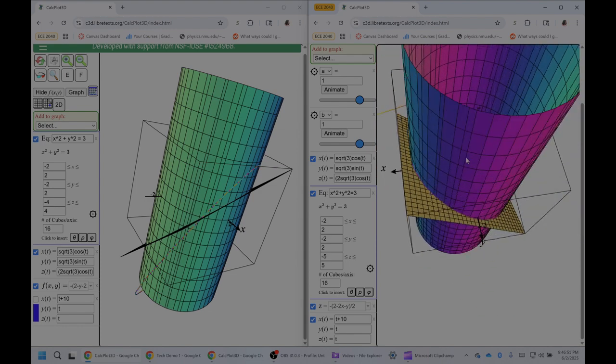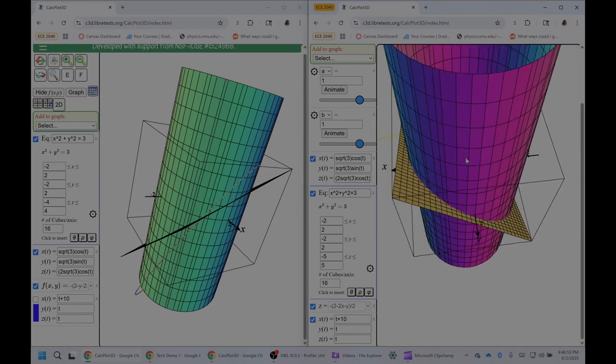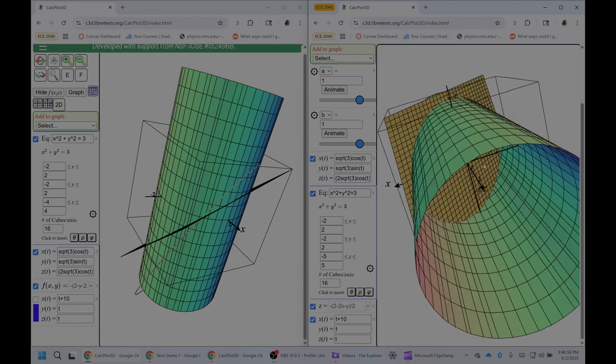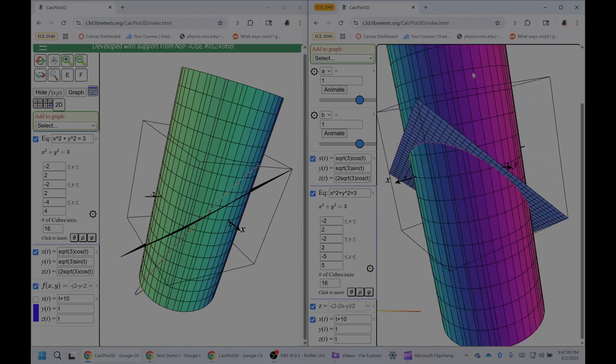That's where they intersect. That's the curve created from the intersection. And we're able to show it with the graph because look at it, it works. Okay, thank you.